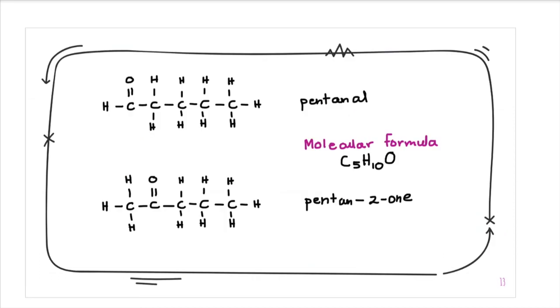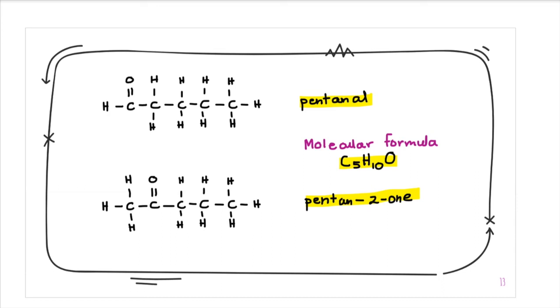We can also look at an example of functional isomers where we have an aldehyde and a ketone. Specifically, we are looking at pentanal and pentan-2-one. Both of these compounds have the same molecular formula, C5H10O. So the number of atoms in the molecules and the type of atoms is exactly the same.